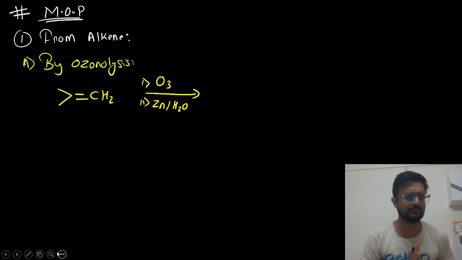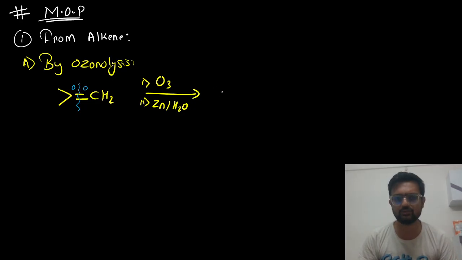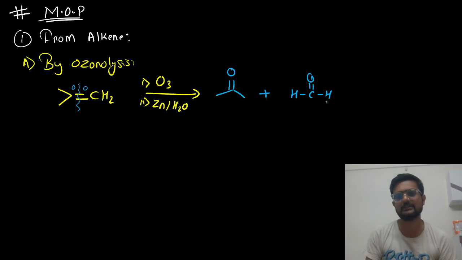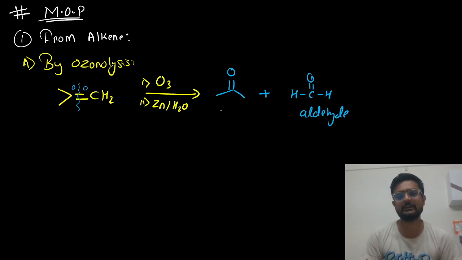Mechanism we have already covered, so now we can go directly with the trick. What was the trick? Just break the double bond and add oxygen on both sides. So there will be two products. One product will be a ketone and the other will be HC double bond O, that is, one is my aldehyde and the other is a ketone. This is how we can do this reaction.